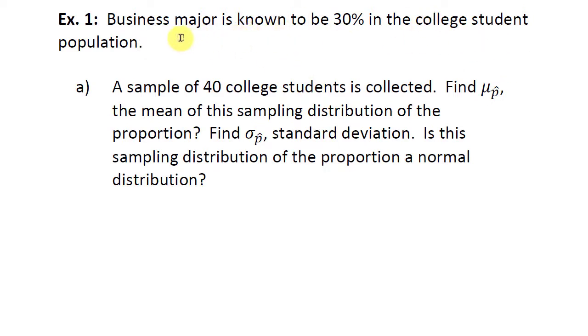And so obviously, even before we worry about any of the questions A, B, or C later on in the example, right here before any sample is being drawn from this population, we already have a known population. So in this population, we are looking at the category for business major students. And so business major is known to be 30% in the college student population.